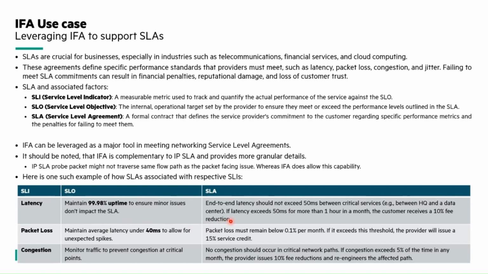And the SLA defining it is that the end-to-end latency should not exceed 50 milliseconds between critical services, which may be between headquarters and a data center. And if latency increases by 50 milliseconds for more than 1 hour in a month, the customer receives a 10% fee reduction. Similar to this, we have two other examples, which are packet loss and congestion, and the associated SLOs and SLAs.